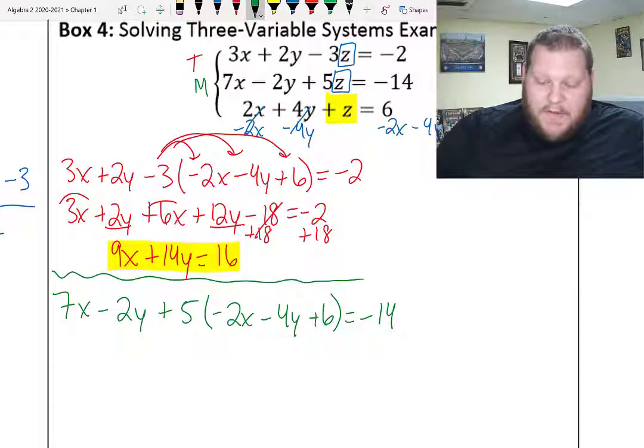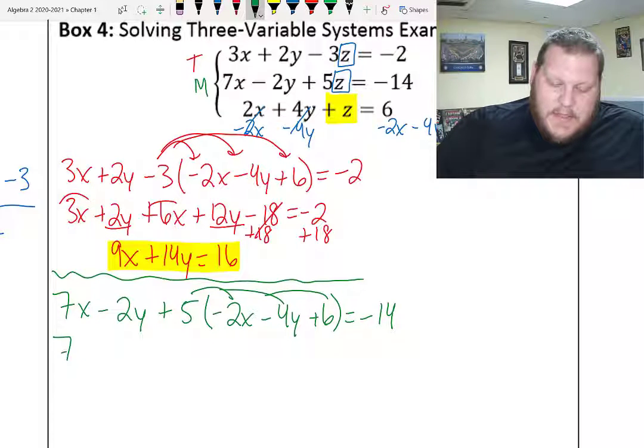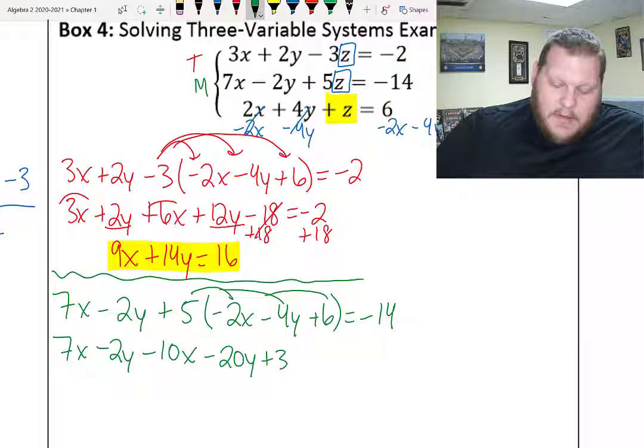I'm going to be distributing my 5 in here to all 3 pieces: 7x minus 2y minus 10x minus 20y plus 30 equals negative 14.